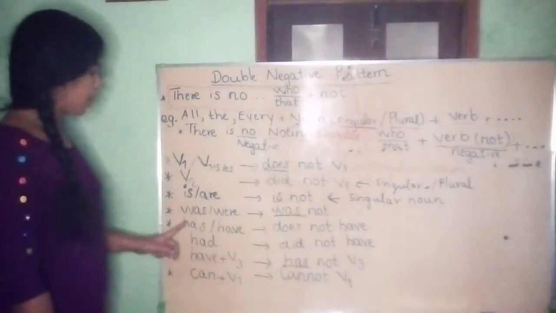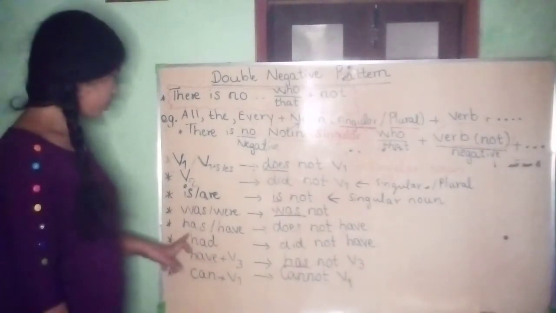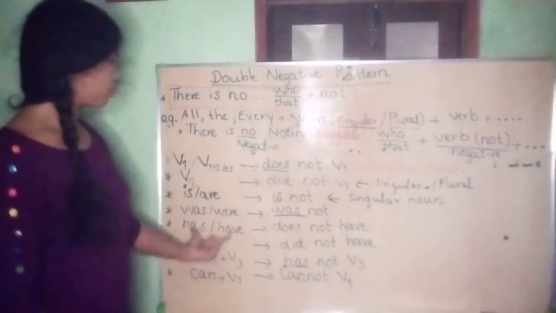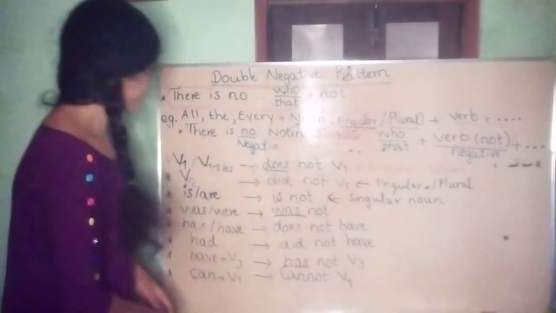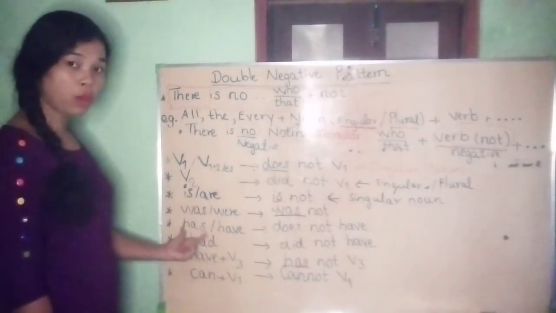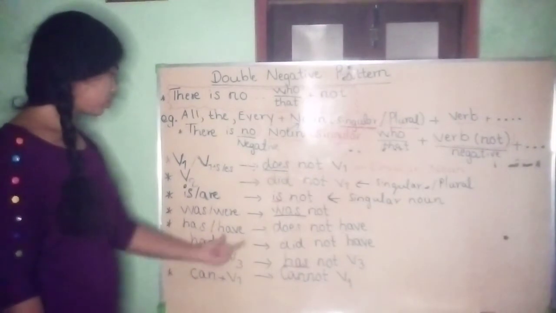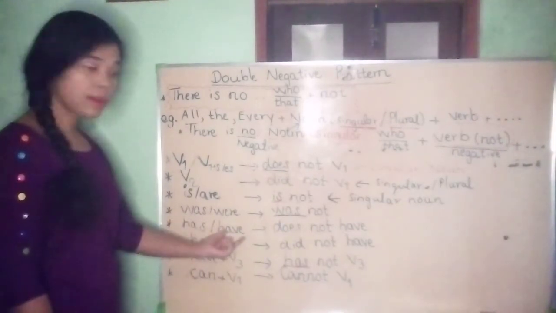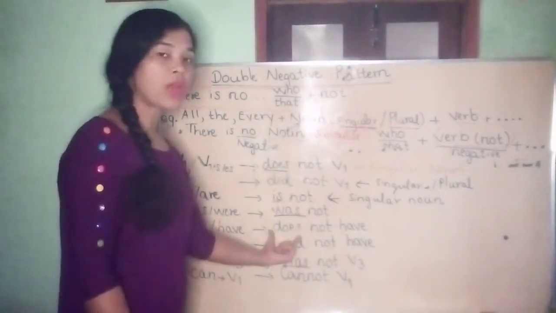If you see has or have, you need to change that into does not have. Has is the singular form, have is the plural form. Whether the verb is singular or plural, you need to change that into singular form.